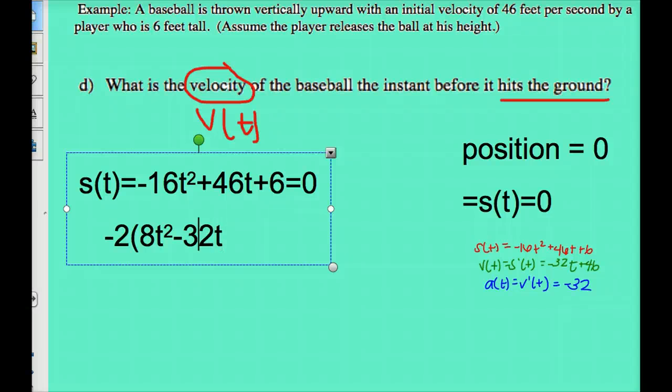Oh, sorry, not 32. Negative 23t, minus 3. Set that equal to 0.